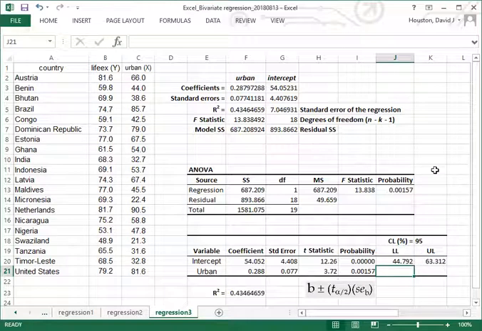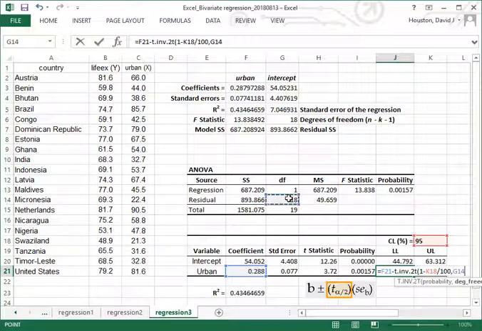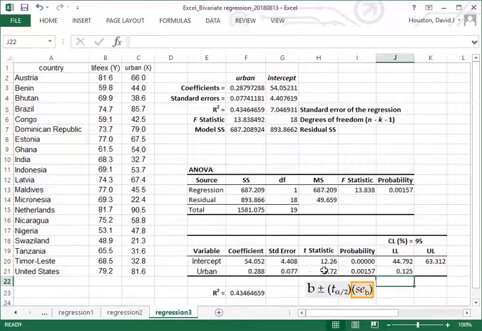We'll do the same thing for the regression coefficient for urban. We take the coefficient, and since we're constructing the lower limit first, subtract from that the critical value of t, 1 minus the content in K18 divided by 100, comma, and degrees of freedom, close parenthesis, multiplied by the standard error for the regression coefficient.